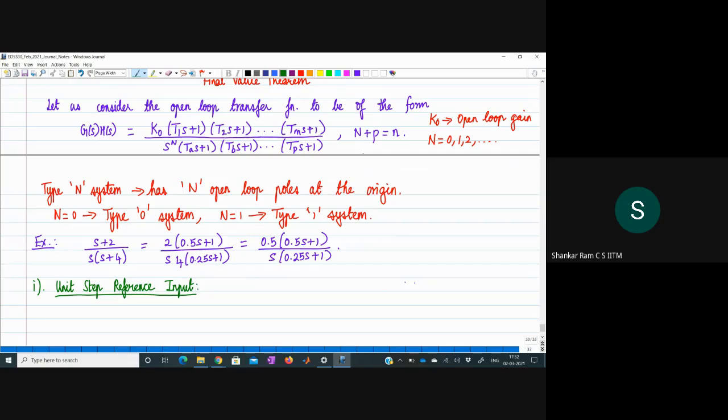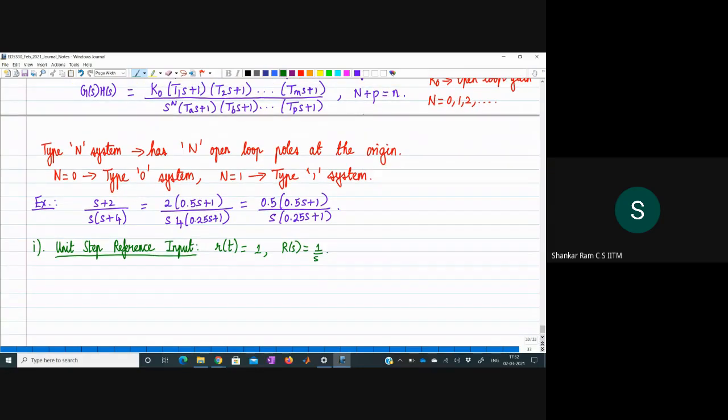Consequently, we can use whatever we have discussed above. R of t in this case is equal to 1, so R of s becomes equal to 1 by s. So what happens to the expression for the steady state error? The steady state error, ESS, is equal to limit s tending to 0, s times R of s divided by 1 plus g of s h of s.